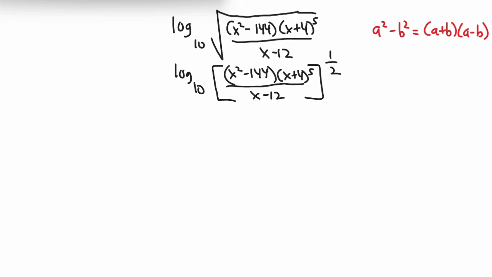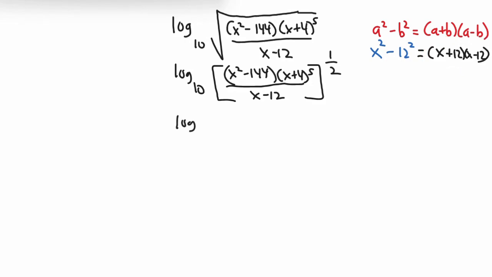We actually have that here with x squared minus 144. We can rewrite x squared minus 144 as x squared minus 12 squared. Our a is x, and our b is 12. So you have x plus 12, x minus 12. So we're going to replace the x squared minus 144 with x plus 12 times x minus 12.